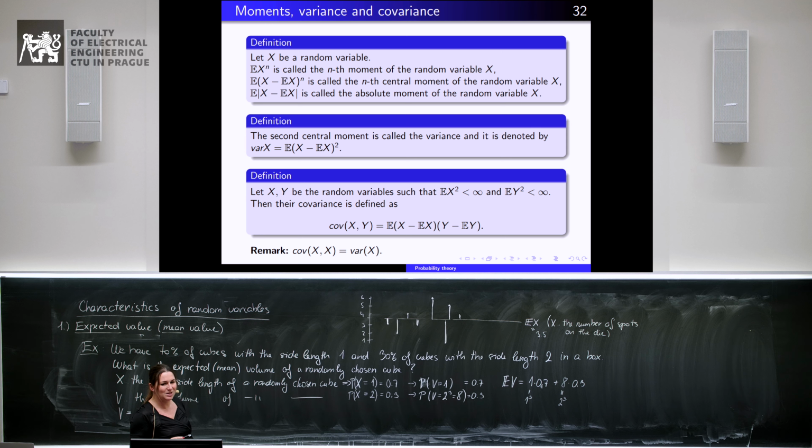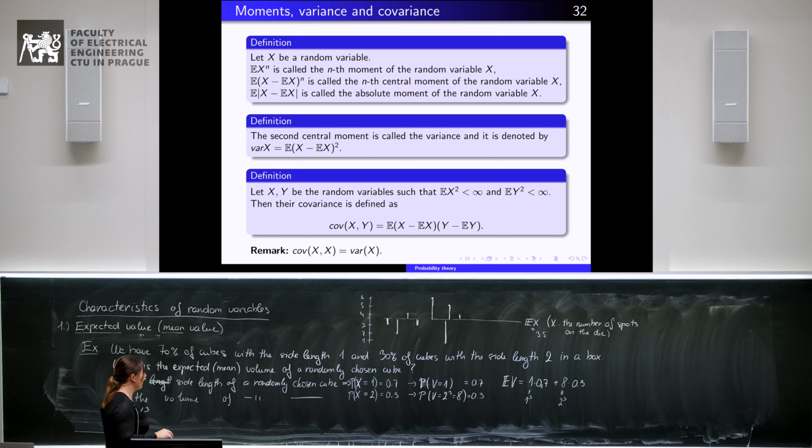But the problem is that this absolute moment, because of the absolute value, is difficult to calculate. It doesn't have nice mathematical properties, and in fact, it is not so useful. So instead of this absolute moment, we use the second central moment as the characteristic describing how wild the random number is.